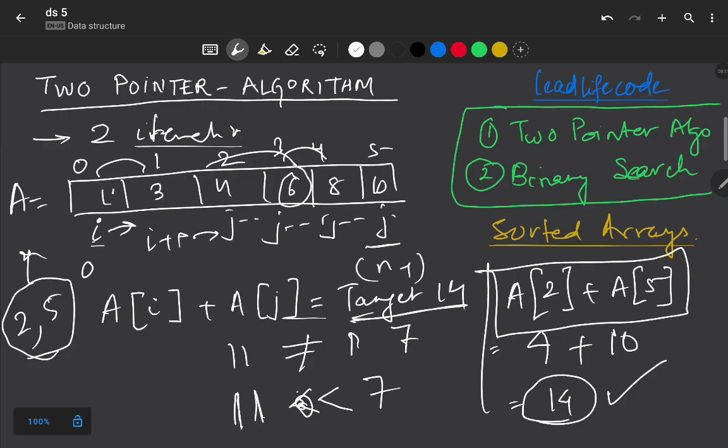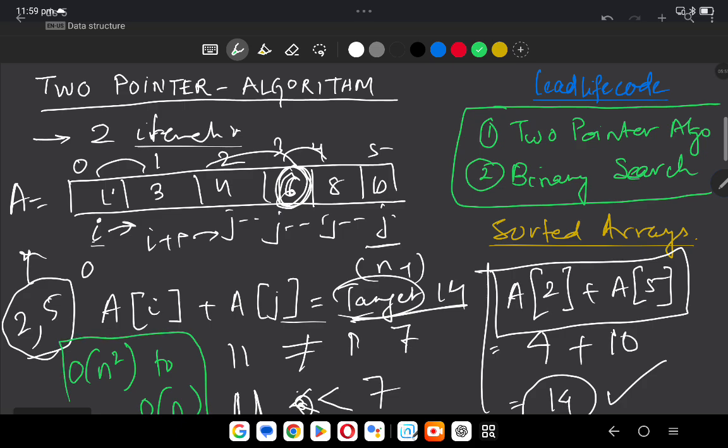When you come here, after J minus minus, it will come to 6 plus 1 is equal to 7. Got it? So this is a very good way of optimizing a problem statement where you have to find two indexes whose sum is equal to a target. Here the time complexity changes from O of n square to O of n, which is highly optimized.